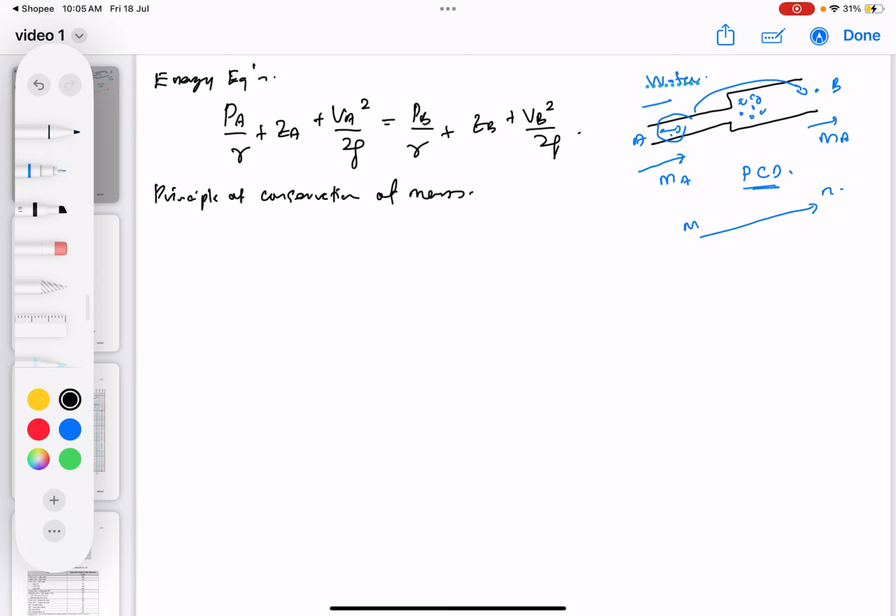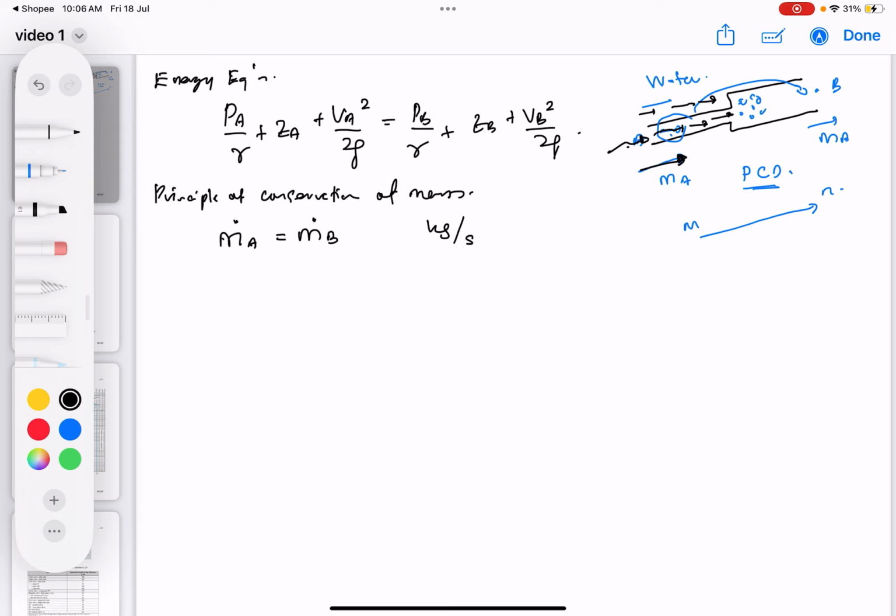So I can say that because the mass is flowing, I'm going to use mass flow rate. Mass flow rate at point A should equal mass flow rate at point B, with the unit of kilograms per second. And because it is a fluid, it's quite difficult for us to measure the mass which is flowing.